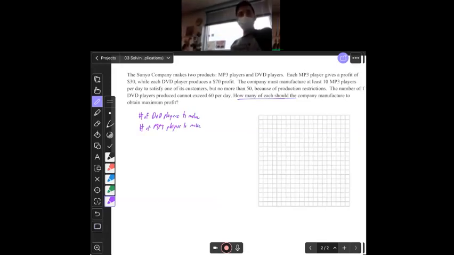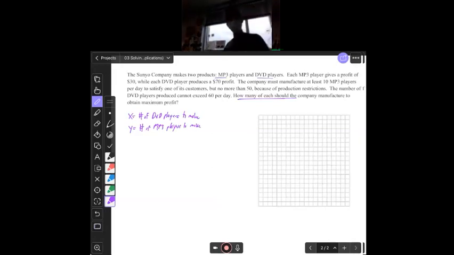How many of each, right? I probably would have them switch just because it says MP3 first and DVD second, but in the end, it doesn't matter. It'll give us the same answer at the very end. Our graphs would look slightly different, our equations will look slightly different, but the answers will all be the same.